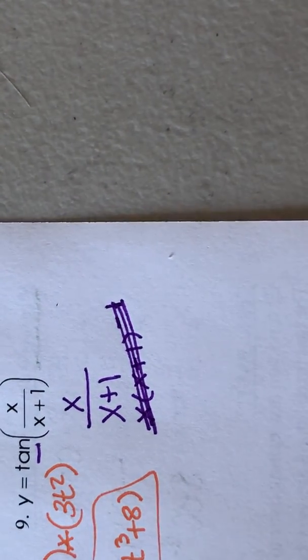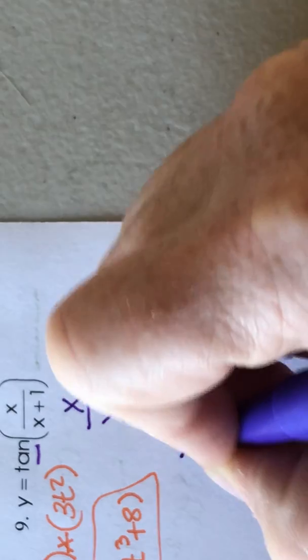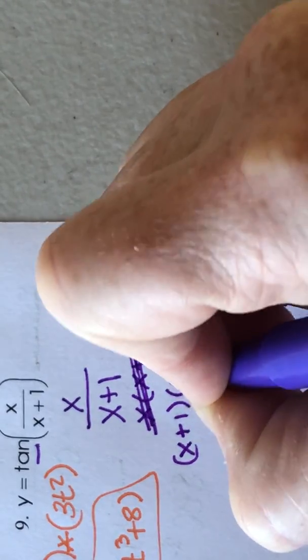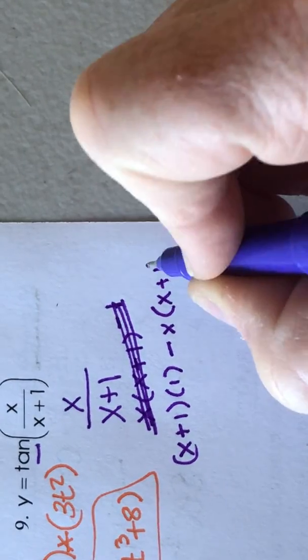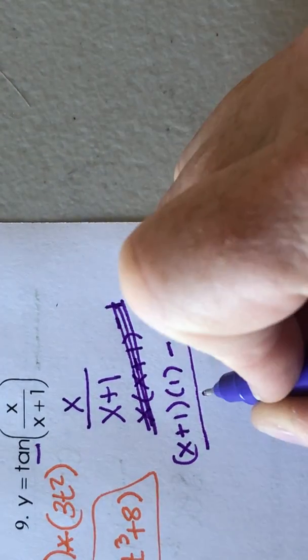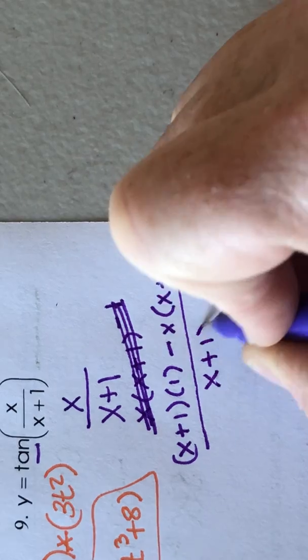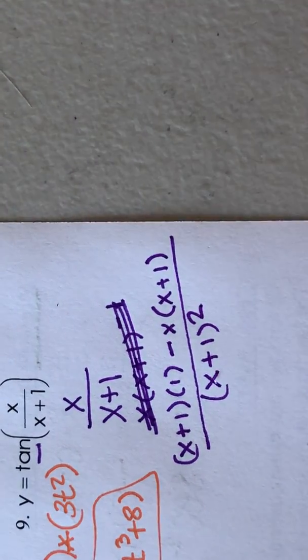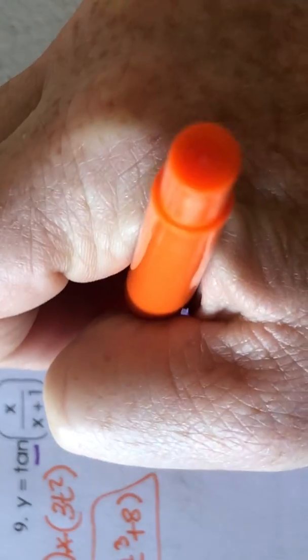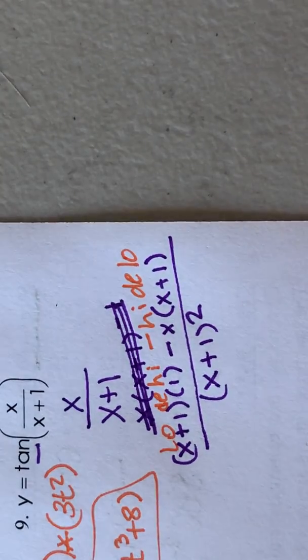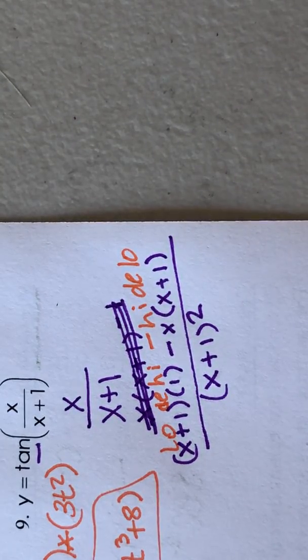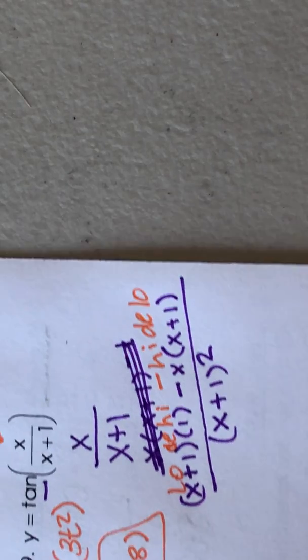Okay, so low d high will be x plus 1 times 1 minus high x d low, x plus 1 all over low squared. Okay, so that was my low d high minus high d low. Okay, I did that wrong.